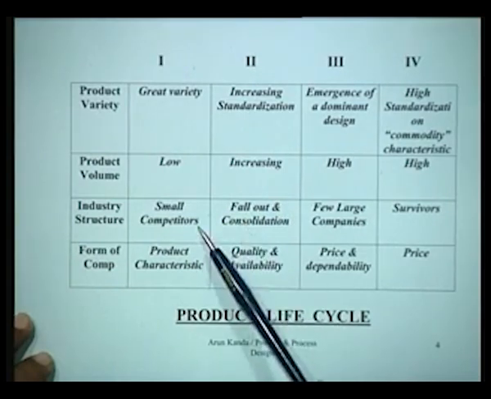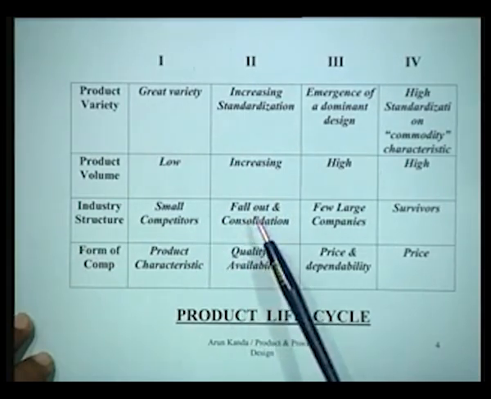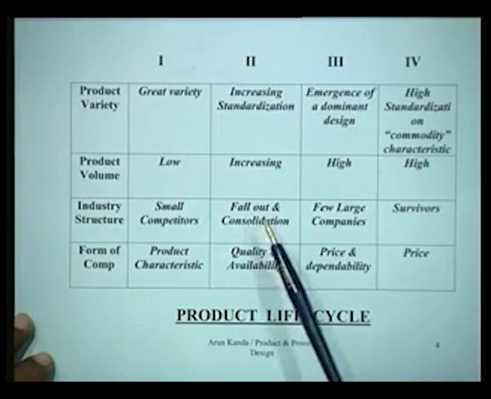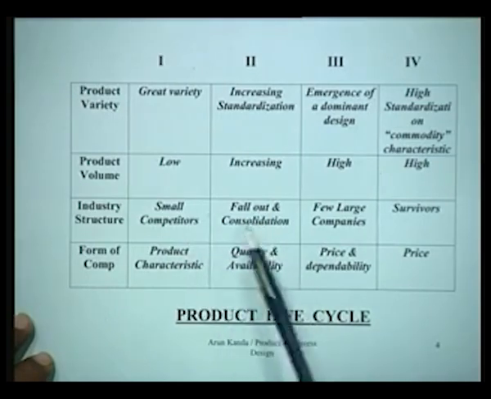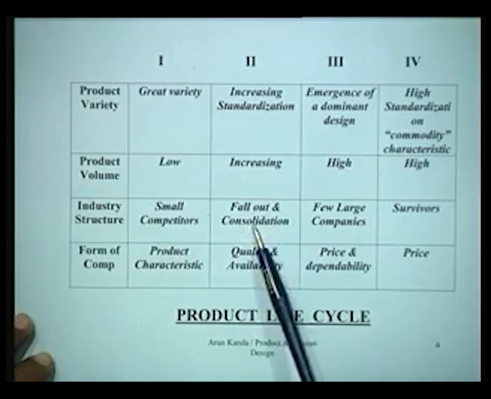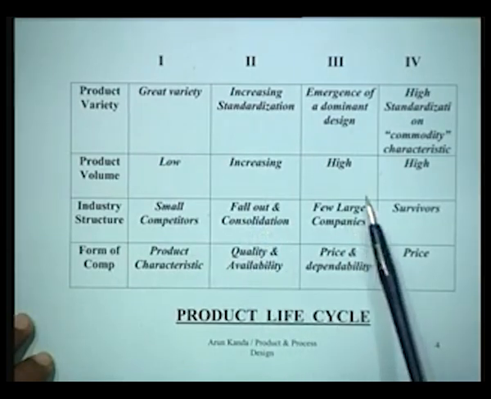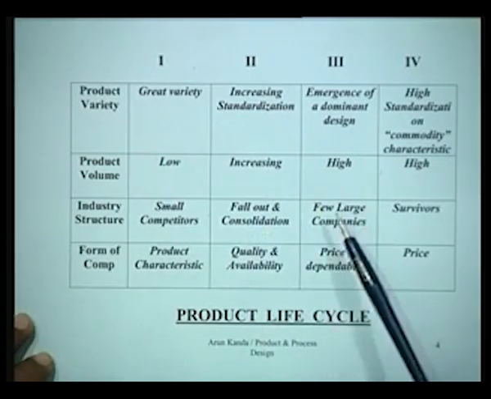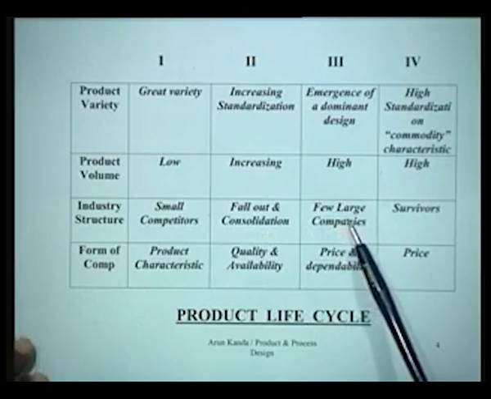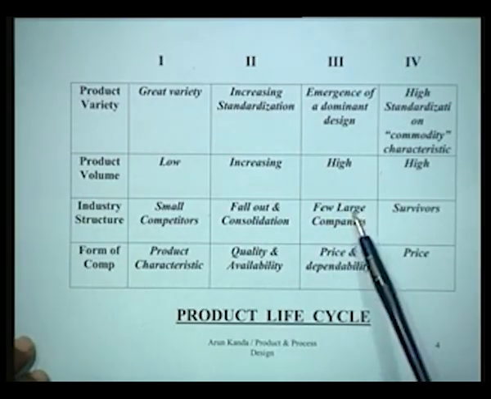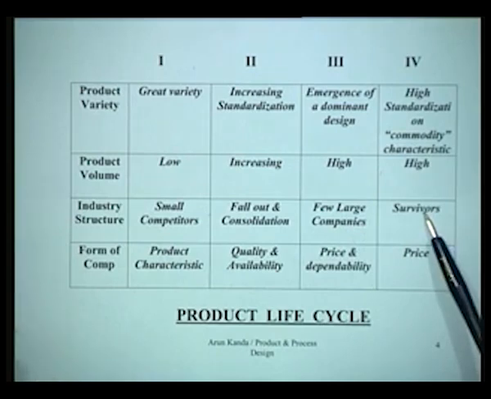So the number of competitors who remain gets much reduced, and moreover there is consolidation among the competitors themselves, so that they have larger companies. At this stage, only a few large companies remain who are manufacturing this product, and out of these few large companies, in the last stage only a few survivors will be there.